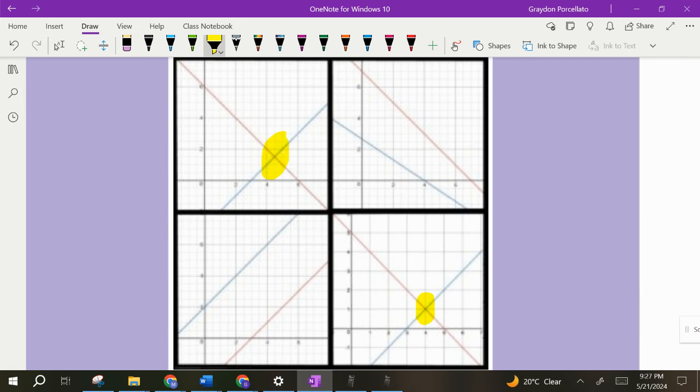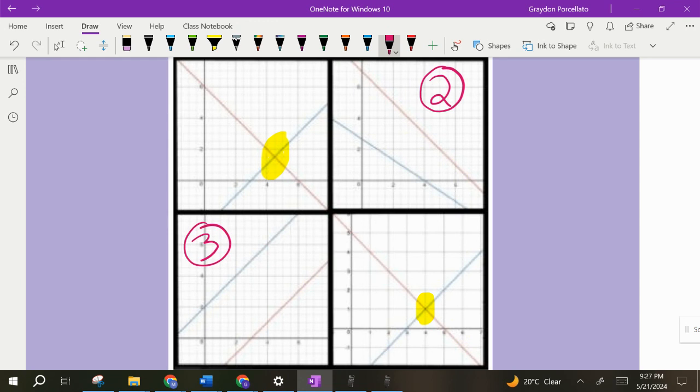Now, the other two, my question to you, will they have points of intersection? Will graph number 2, will those lines intersect? And will graph number 3, will those lines intersect?